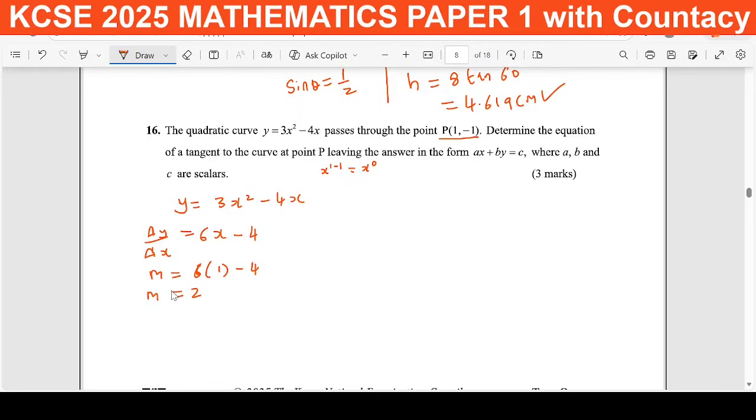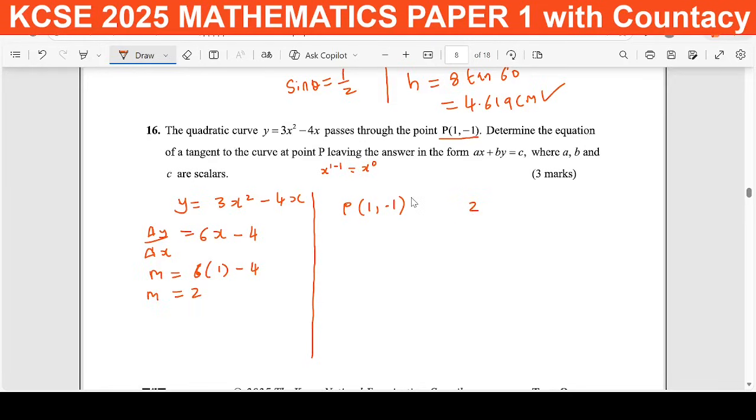That's what we have. But now we know that this quadratic curve is passing through the point P(1, negative 1). And what does that tell us? If it is passing through this point P(1, negative 1), then that implies that the gradient at that particular point, P(1, negative 1), it's right here, should be 2 also.